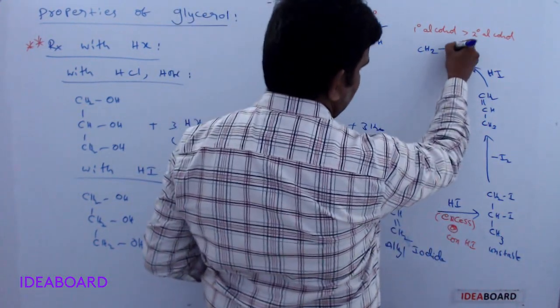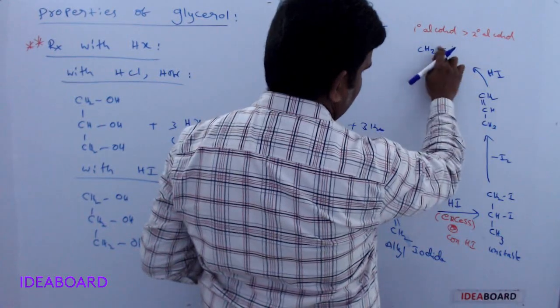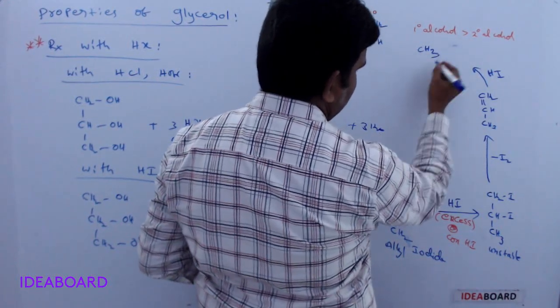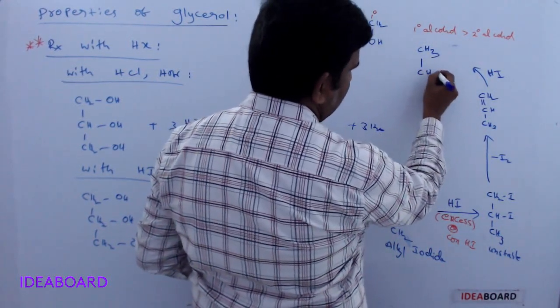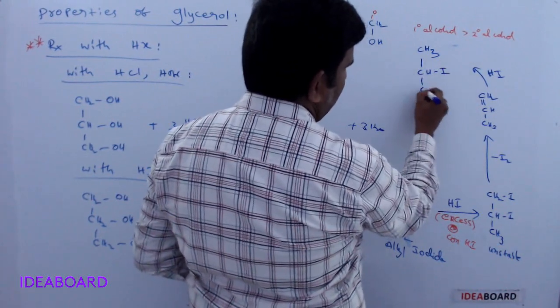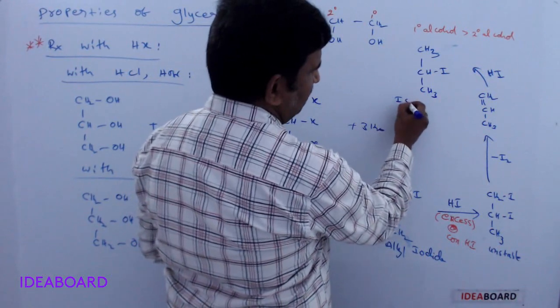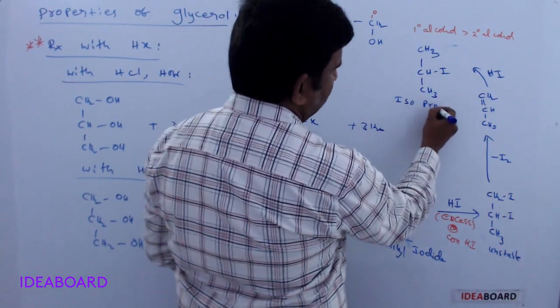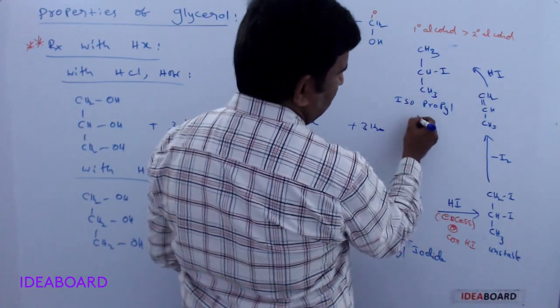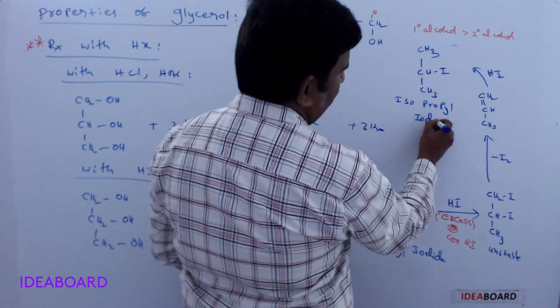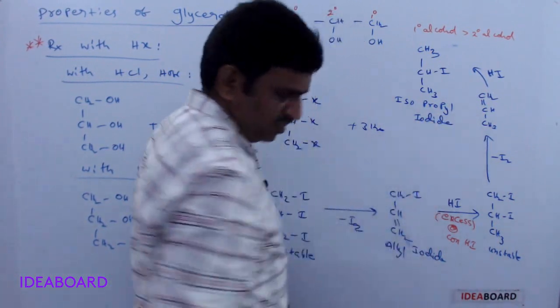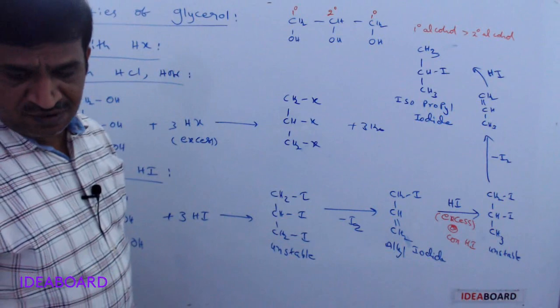So you will get CH3, CHI and CH3. This is known as isopropyl iodide, or 2-iodopropane.